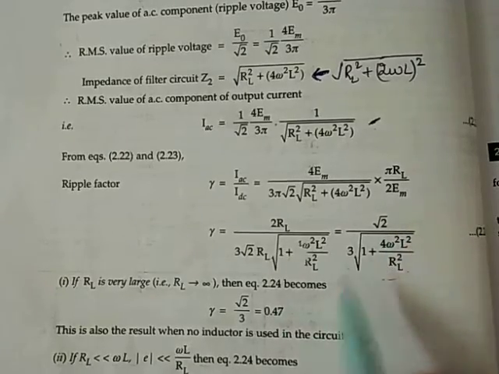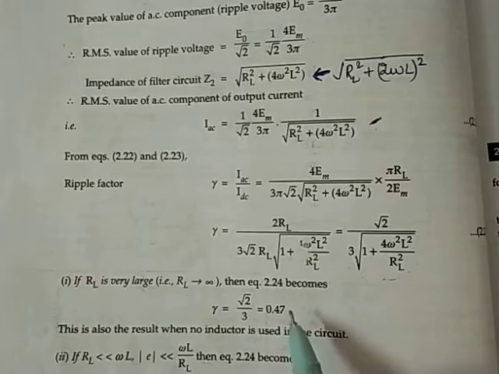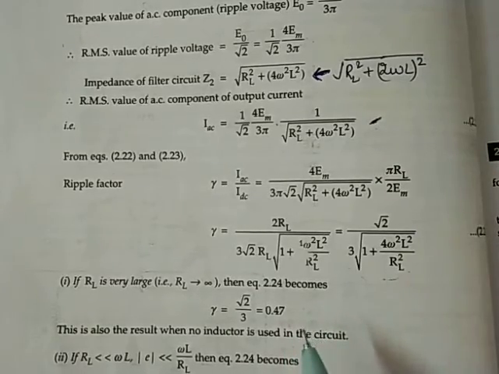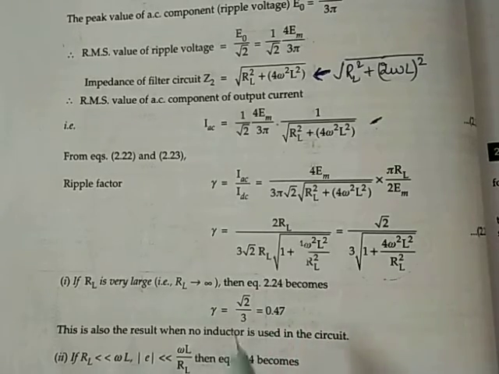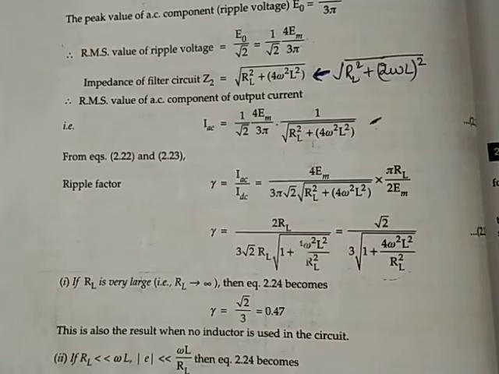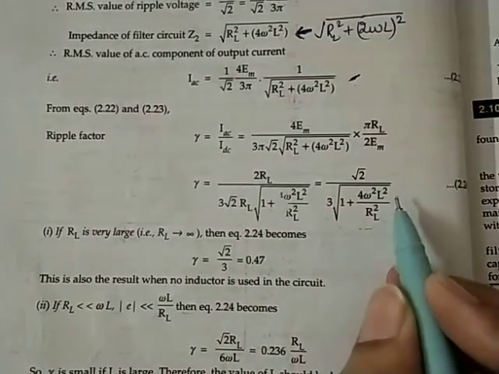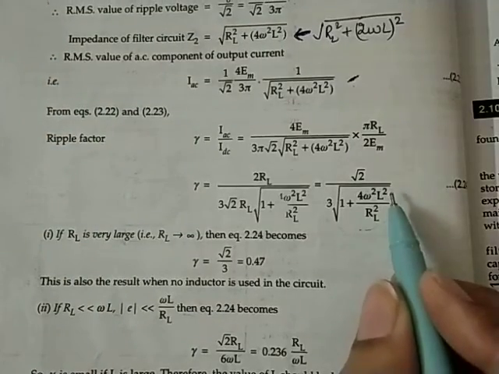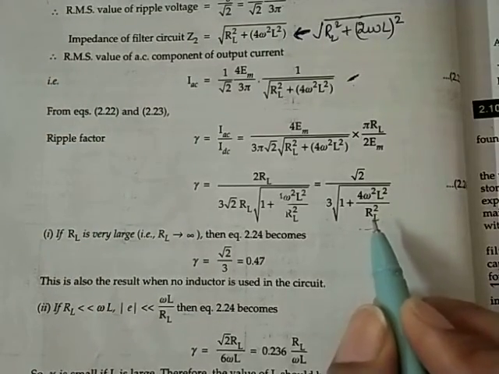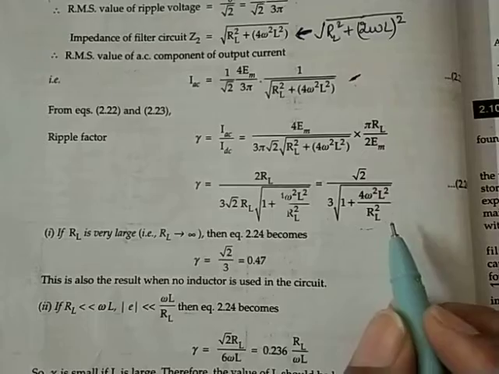So under root 2 upon 3 is giving us 0.47. So this is the result which you have already seen when no inductor is used. Okay. So L is very small as compared to RL, because RL is taken to be very large.